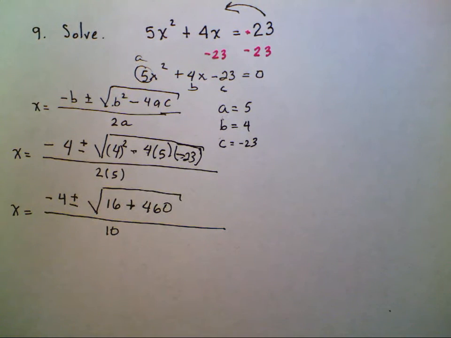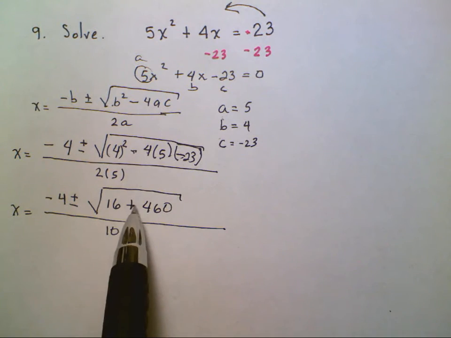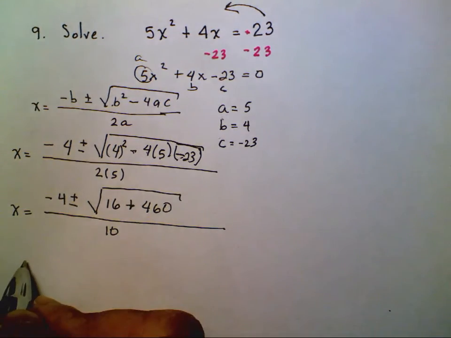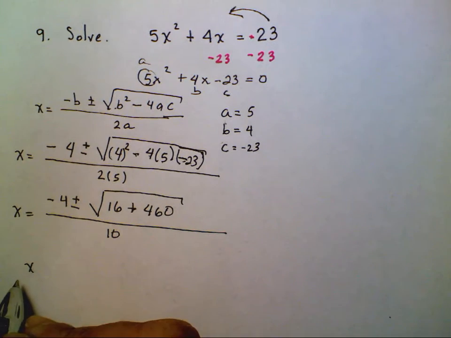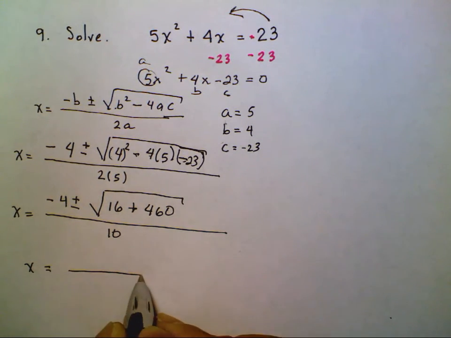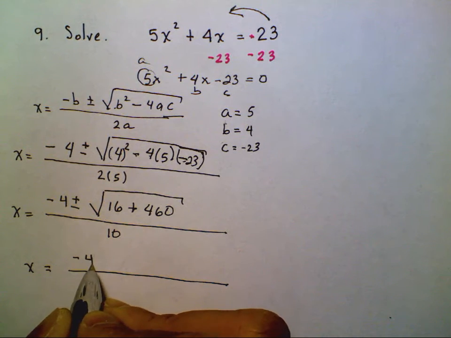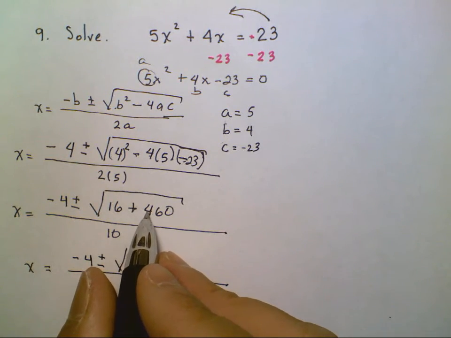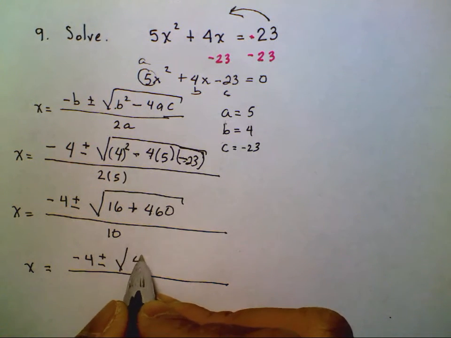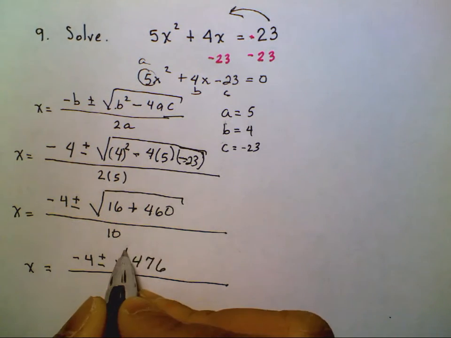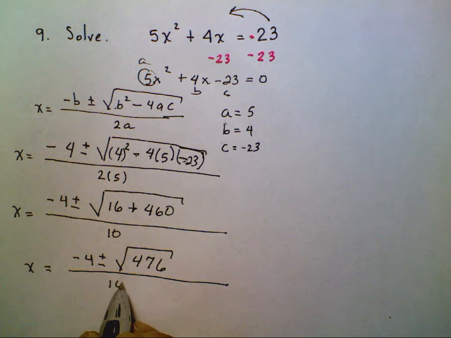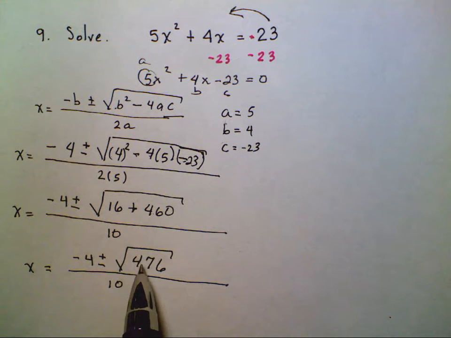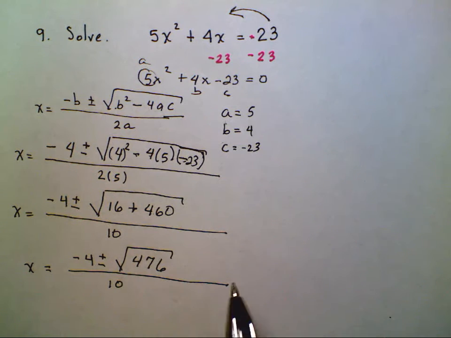Okay, let's simplify what is inside the radical. So I have x is equal to negative 4 plus minus the square root of 16 plus 460, which is 476, over 10. As you can see, what is inside the radical is positive, so I'm going to have 2 real solutions.